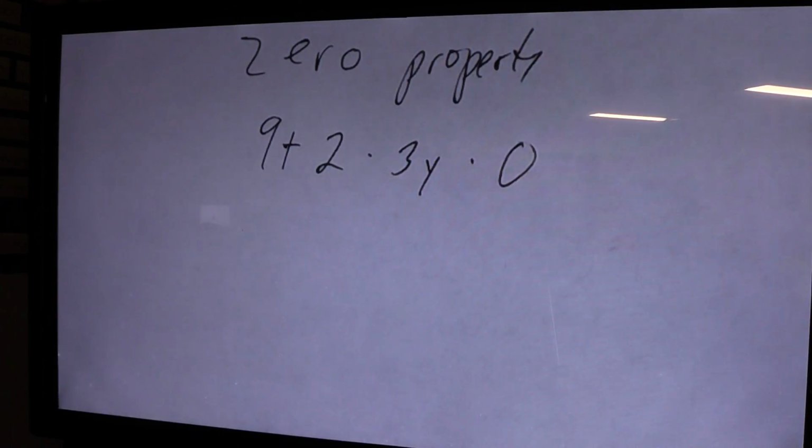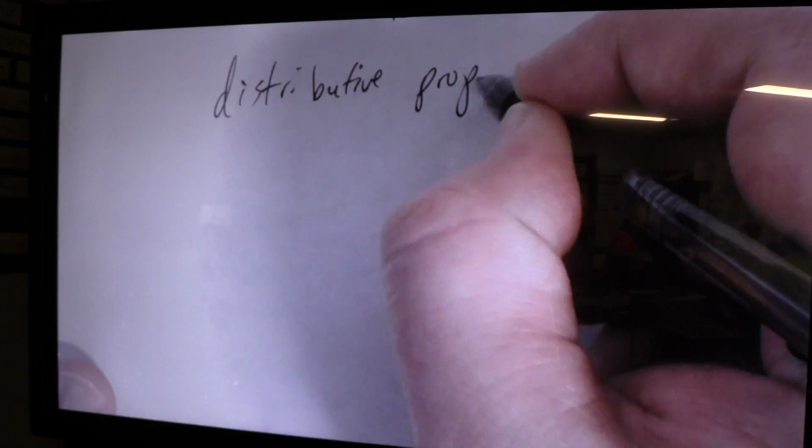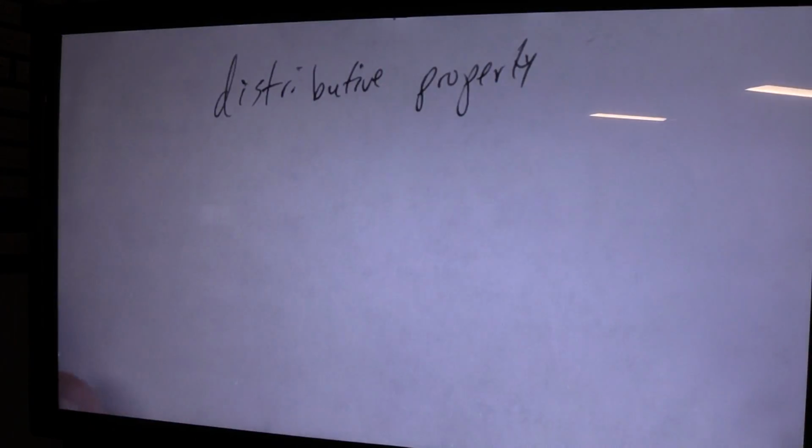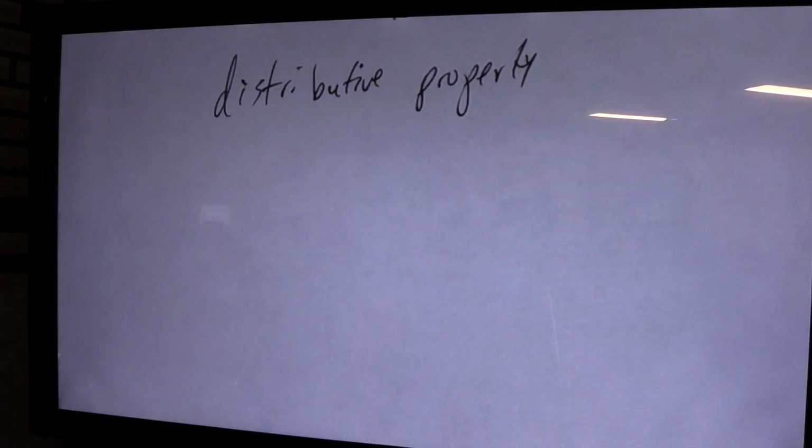And then there's one more property of multiplication that's very special. It's called the distributive property. The distributive property comes into play when you have a grouping in parentheses and another value right up against those parentheses.